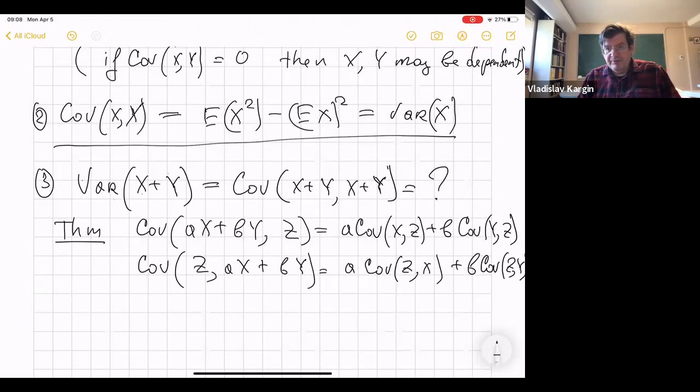And the covariance is obviously symmetric, so the covariance of ZX is equal to the covariance of XZ.